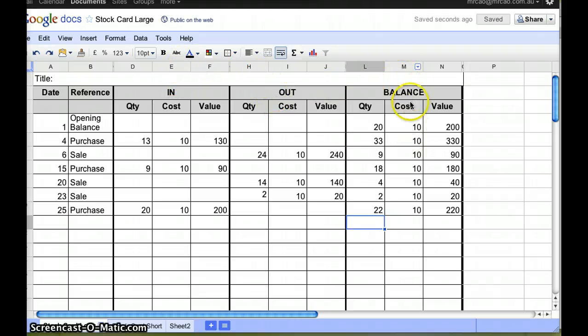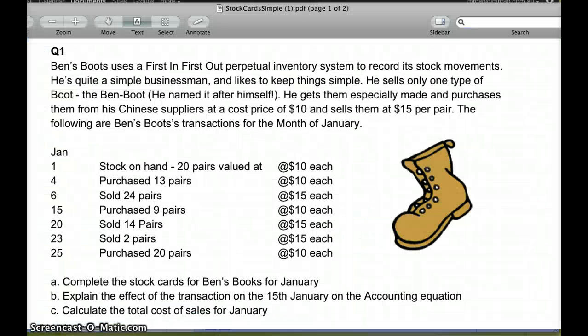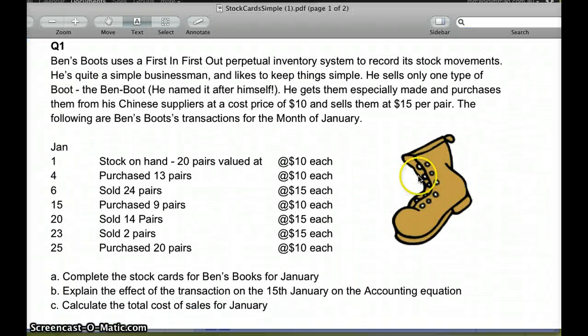And the balance column shows whatever is left in our inventory. So if it's in, we add to the balance. If we sell something and stock goes out, we deduct it from the balance.